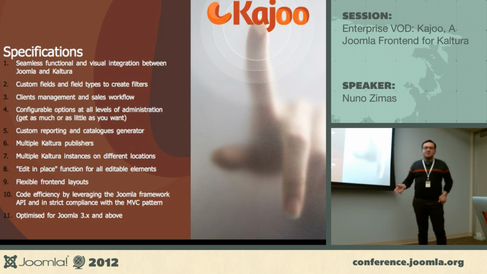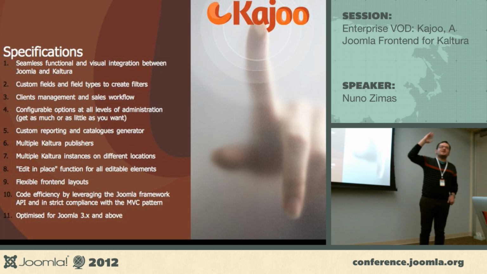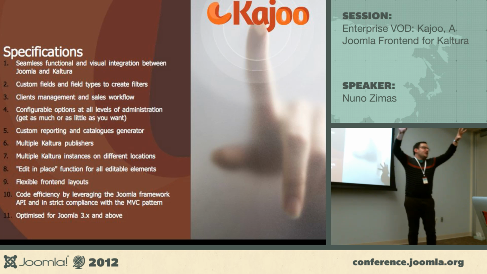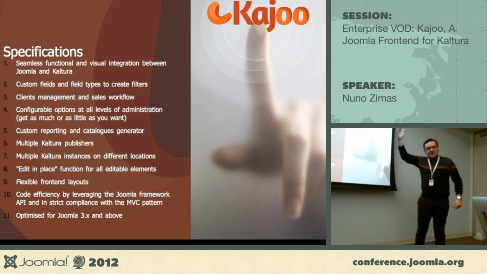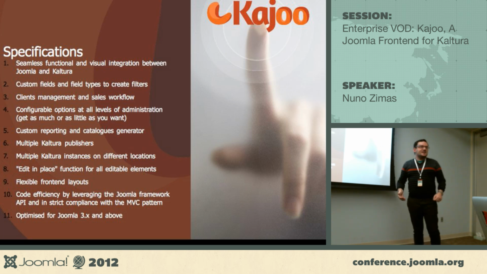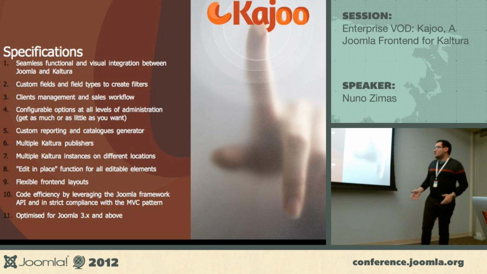I think it even supports PDFs and stuff like that. And the fields we are talking about are the usual ones you see in an XML MRSS specification: title, description, tags, category, and it's basically that.